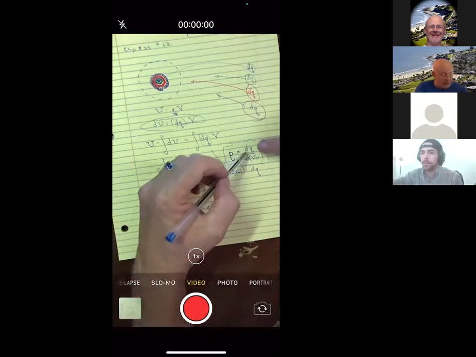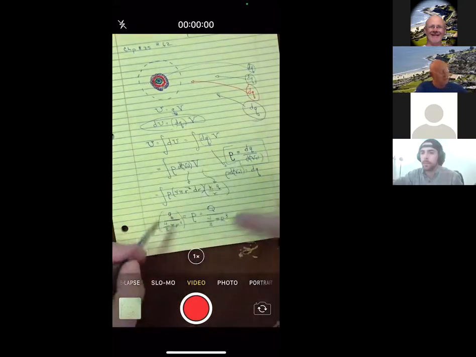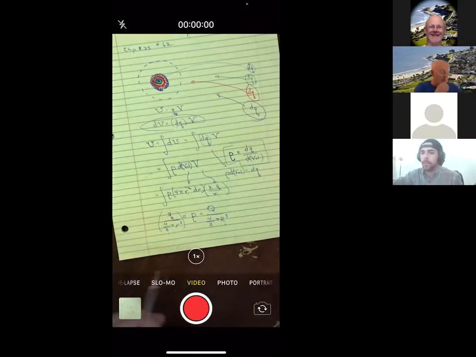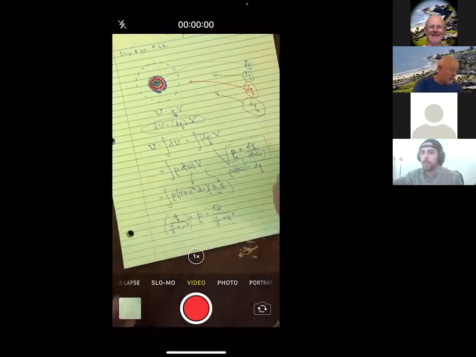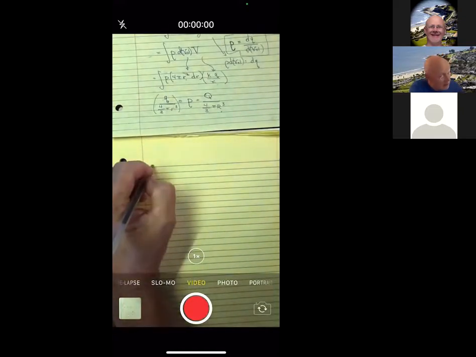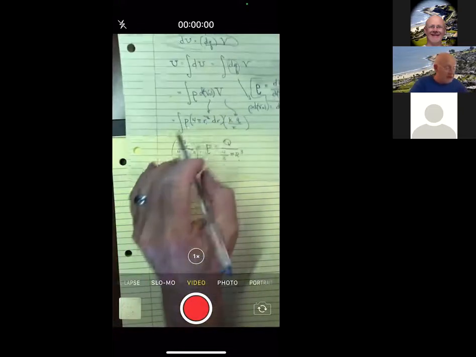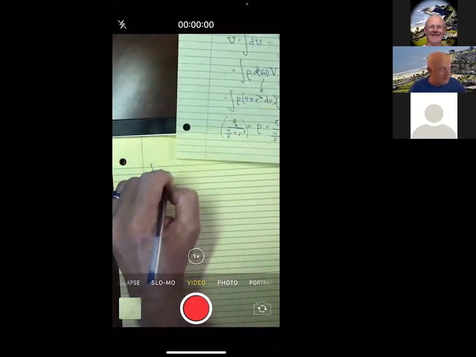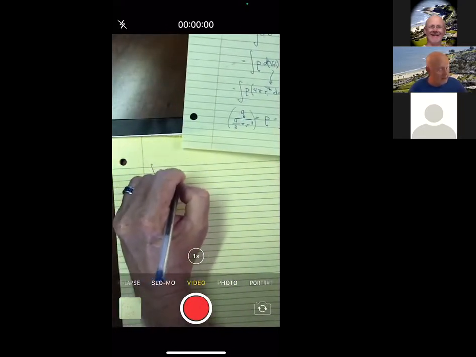Just like I can do a little bit of charge over a little bit of volume, a little bit of charge over a little bit of volume, all the charge over all the volume. Okay, so that would be an important step, because now I can do this. All right, so right here, I've got this rho. And I've got this 4 pi, and I'm left with an r dr here.